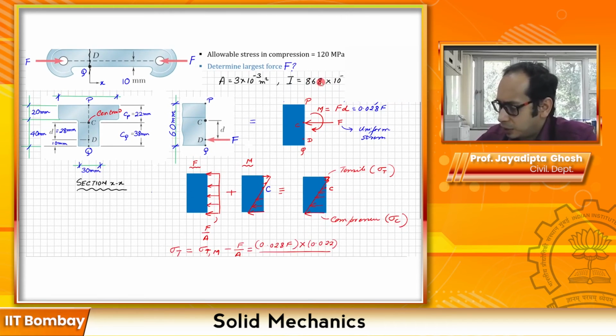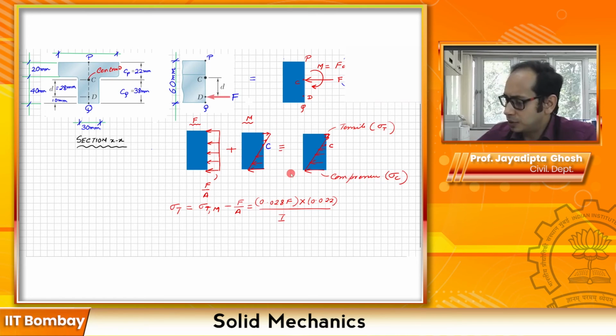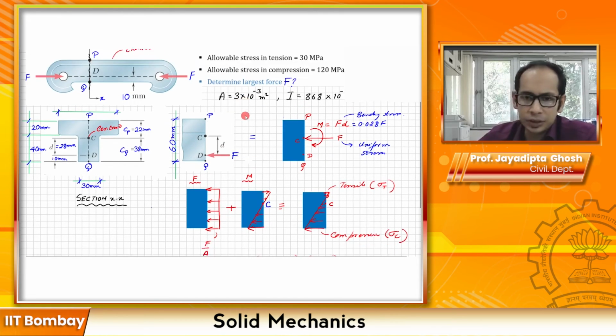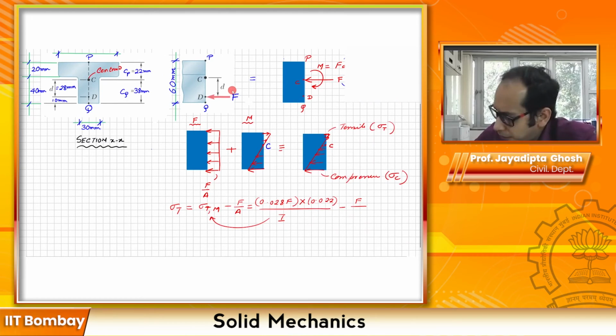So this is the I which we have. This is the part for the moment. Now minus F divided by the area of cross section, which is this one over here: F divided by 3 into 10 raised to minus 3.